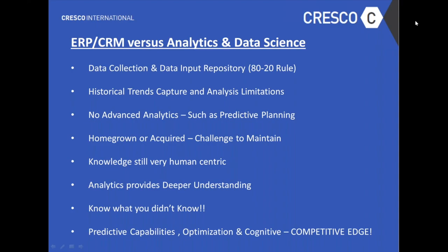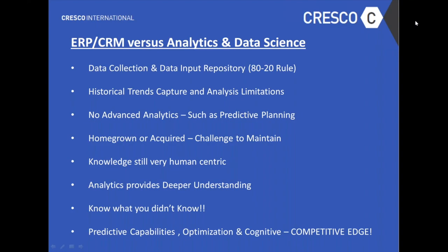Himangi, just to add to that, there's this 80-20 rule, which is what we've seen, and there's a lot of research around it, where organizations spend 80% of the time writing data rather than doing analysis. And what it should be is that 80% of the time should be spent doing your analysis using an analytics tool.